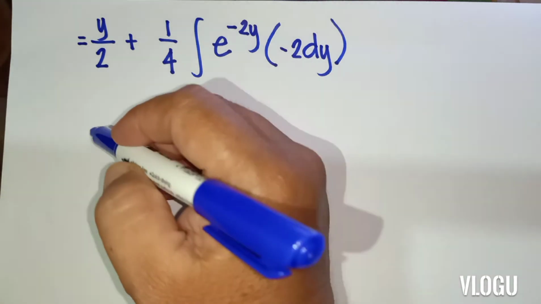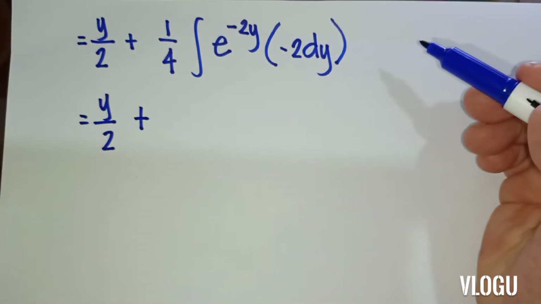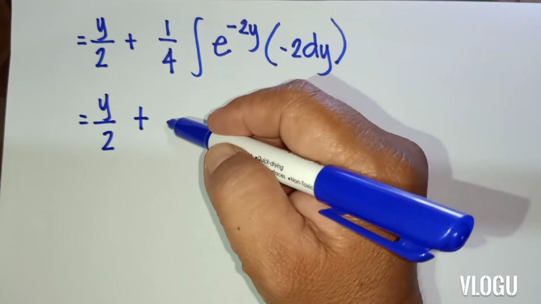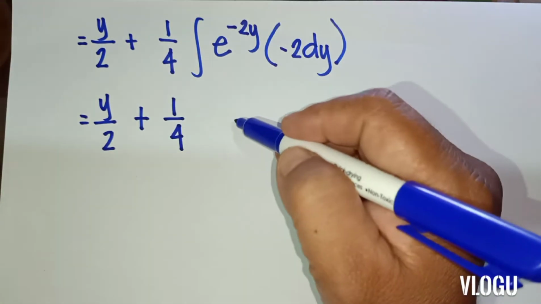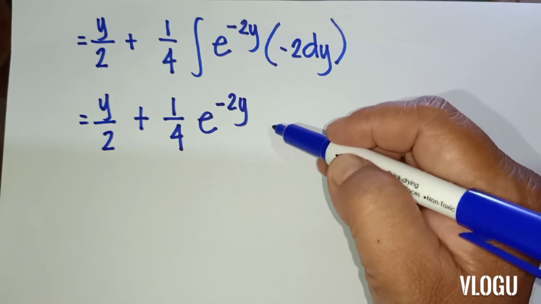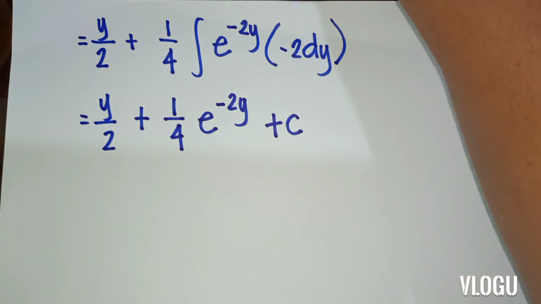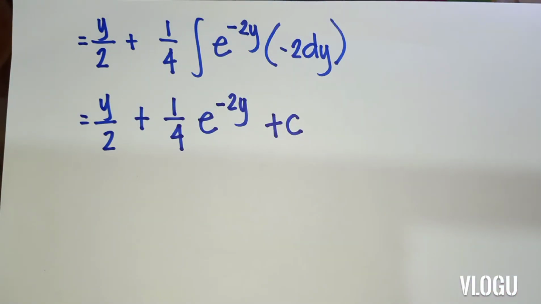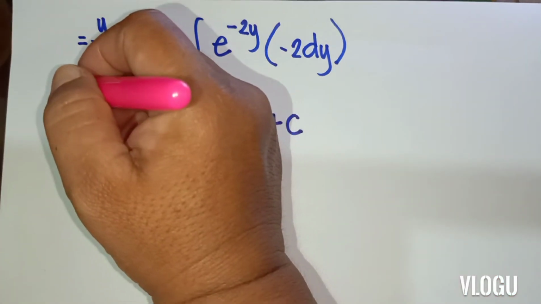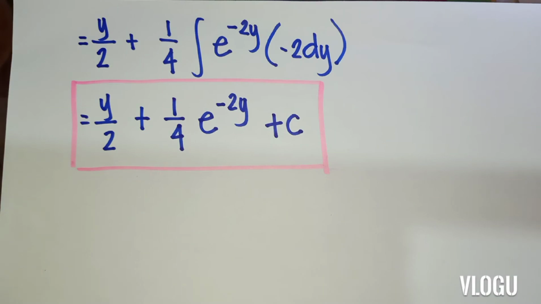Okay, so therefore you will have y over 2 plus 1/4 e^(-2y) plus c. Okay, that is now the final answer.